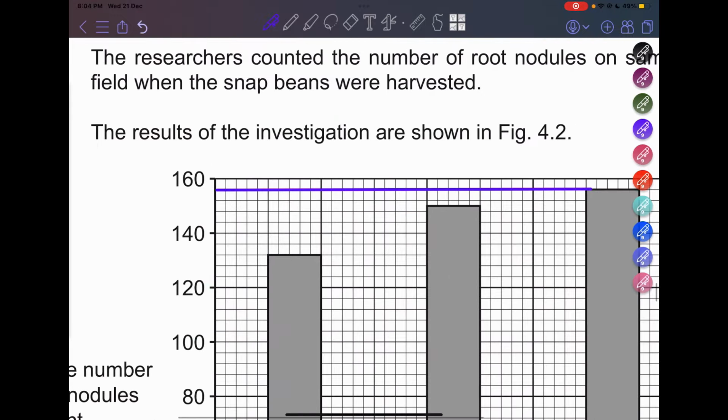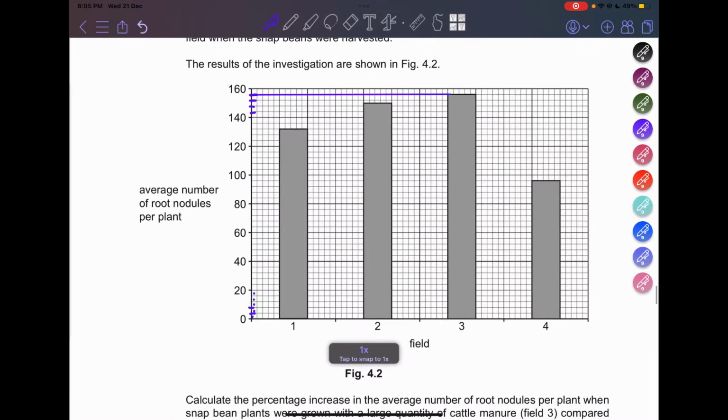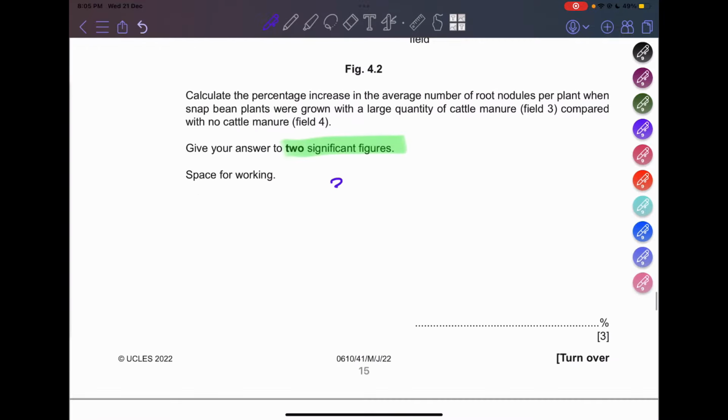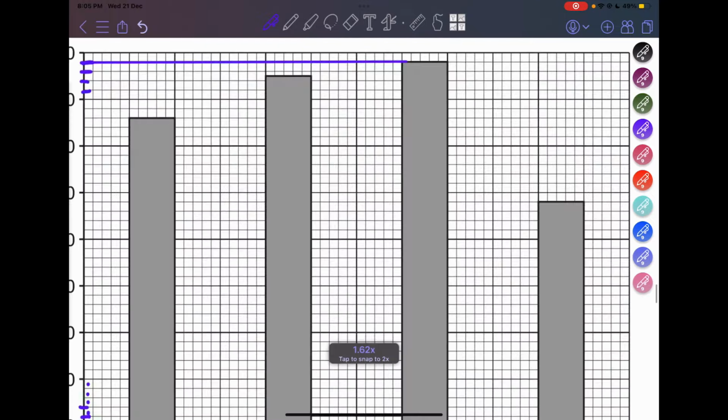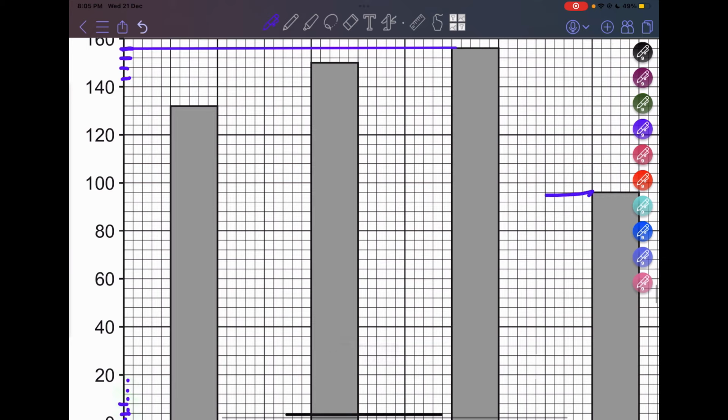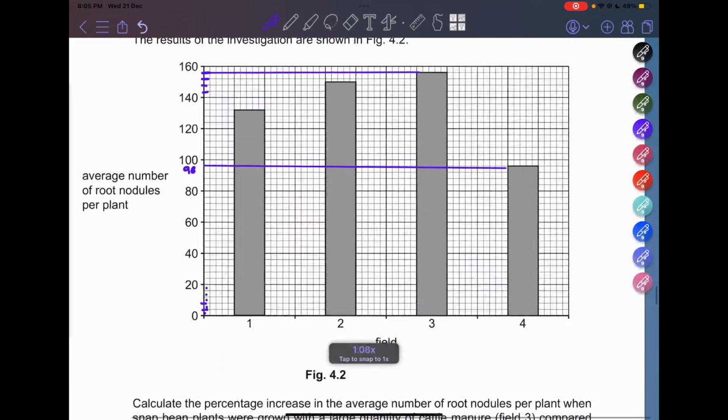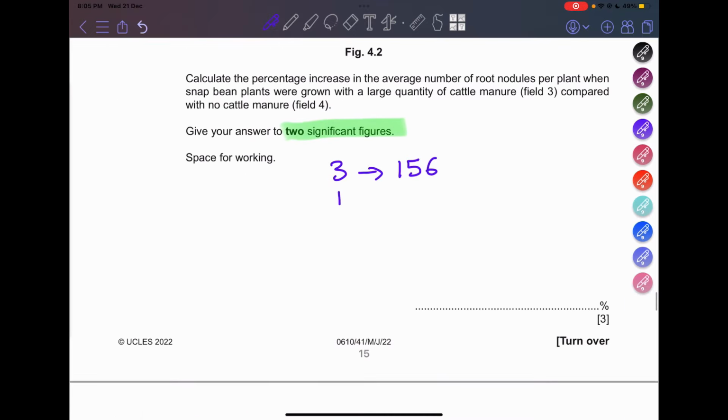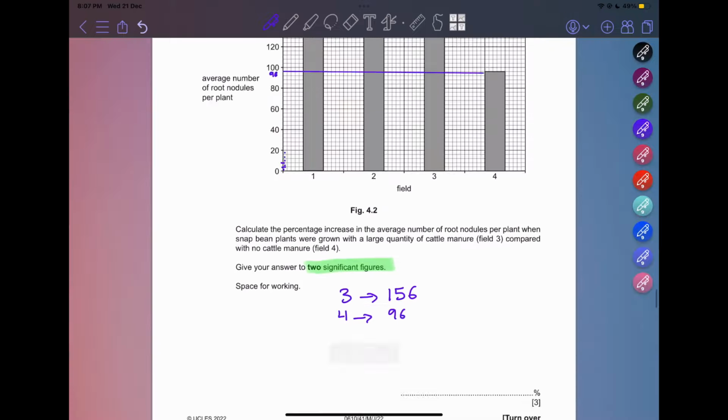So this is going to be 44, 48, and this is going to be 152, this is going to be 156. So field 3 is actually 156. Field 4 is actually 96.